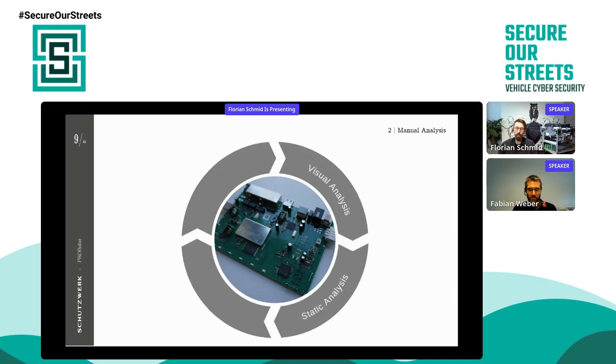This is followed by a static analysis to check for the interconnections between the components on the PCB. The third step is a dynamic analysis, where the PCB is investigated in a running state. And finally, there is the attack.